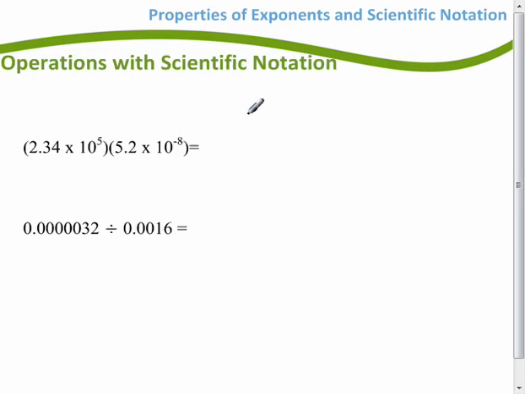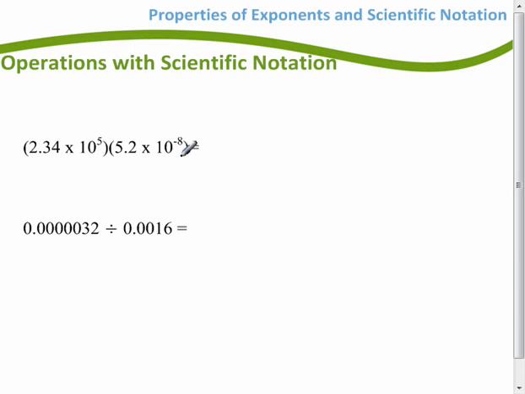The last concept we'll do in this section is doing operations with scientific notation. These ones are ones where I can use the rules that I've used before with exponents. So here I've got 2.34 times 10 to the 5th, 5.2 times 10 to the minus 8th.